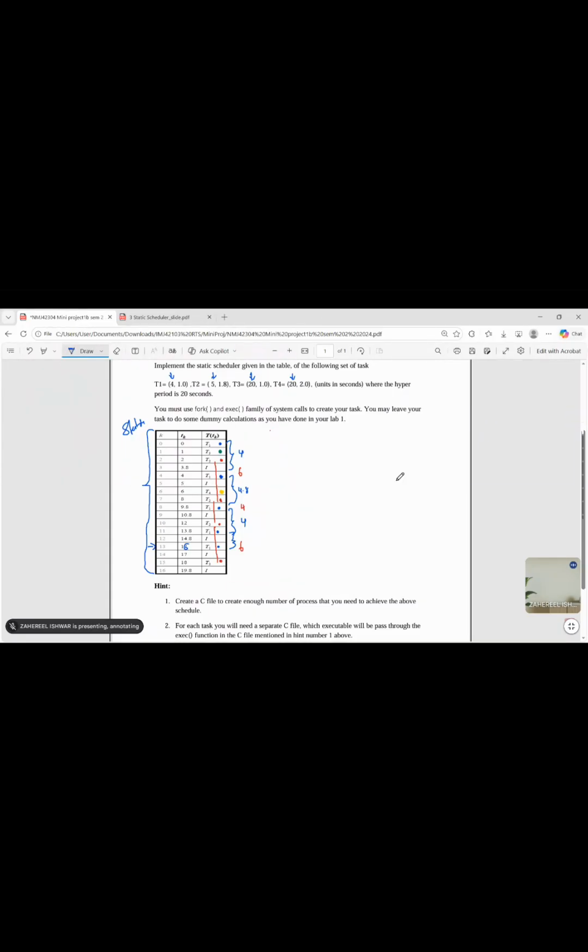execute our T1? In the mini project 1A, your task A, you set the period to be what? 3. So every 3 seconds, task A is executed. Not executed, it was released and goes inside the ready state.